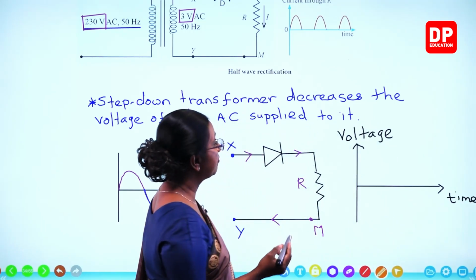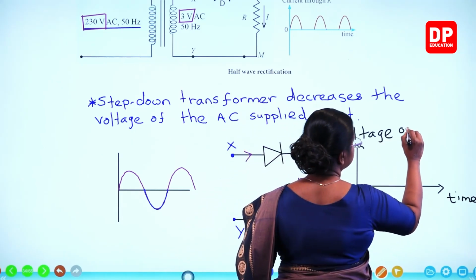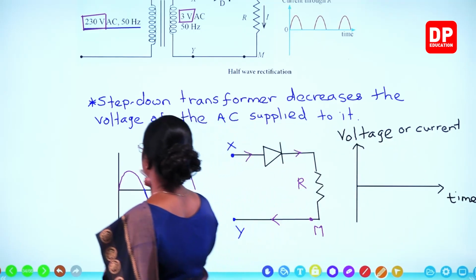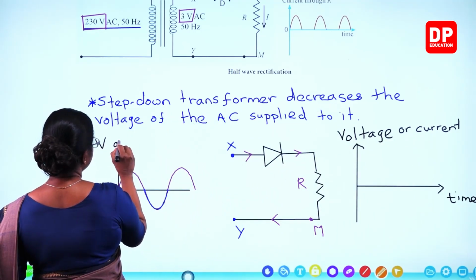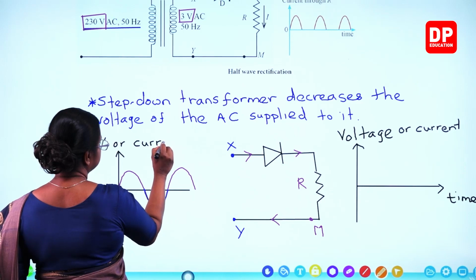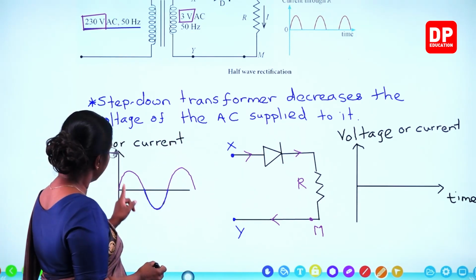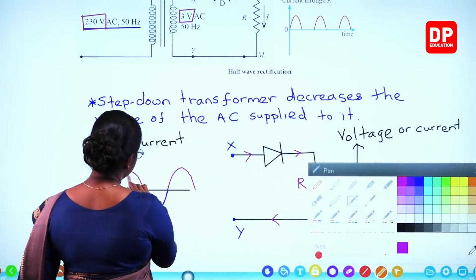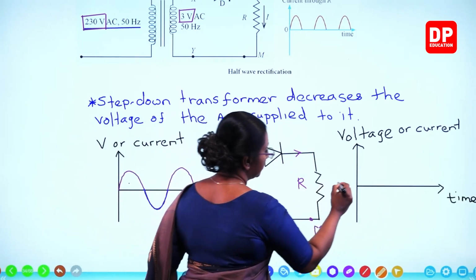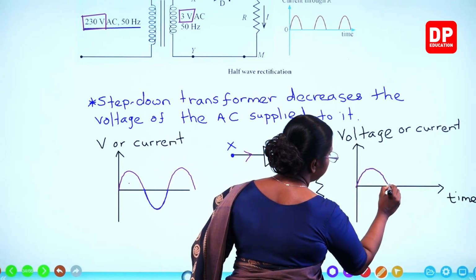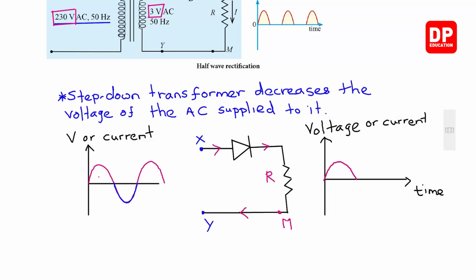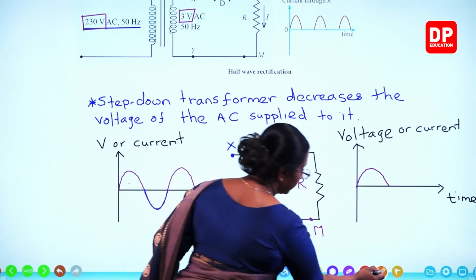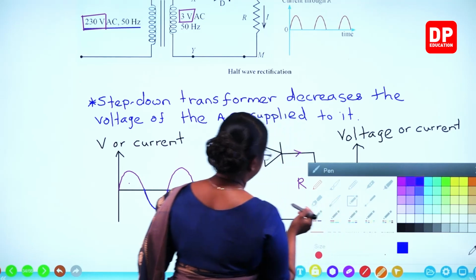You all know it can be voltage or current. So, here also this is voltage or current. Now, here the positive current flows. This is one direction through X. So, that current flows. But when it is this region, the current cannot flow.